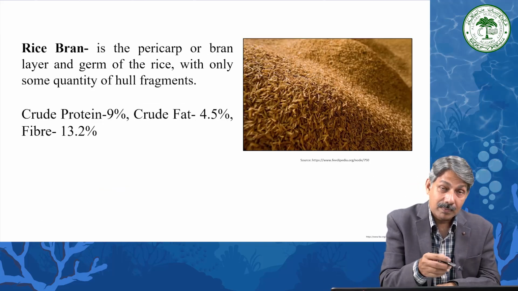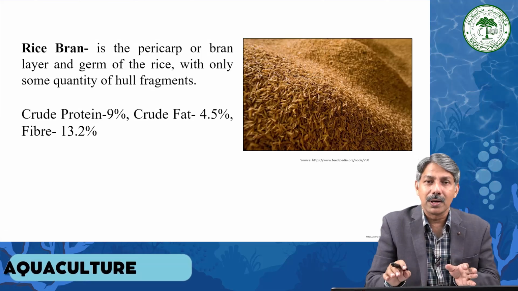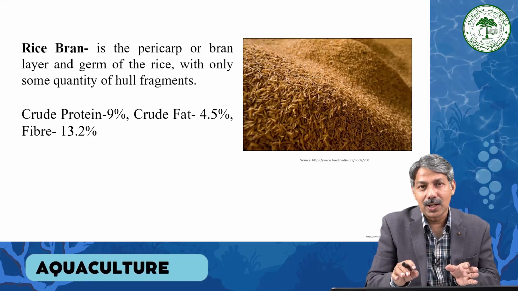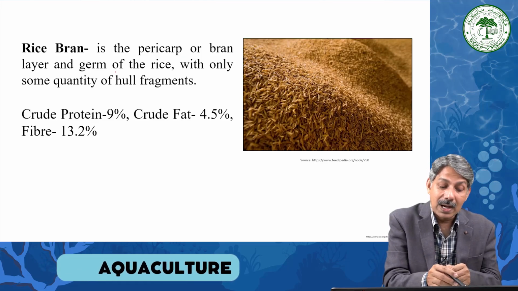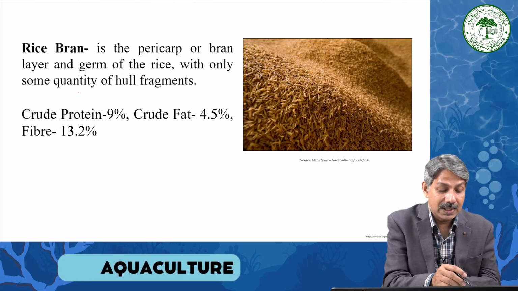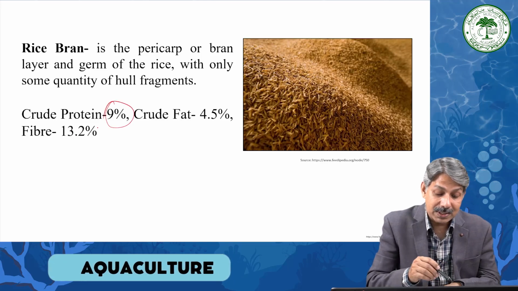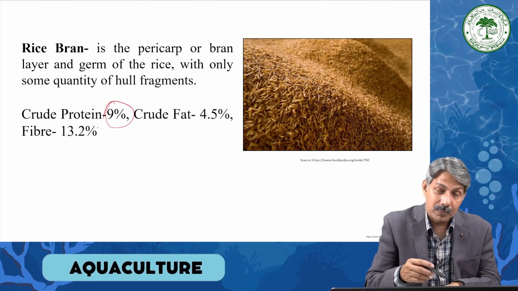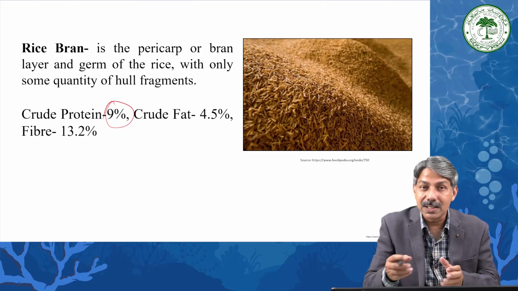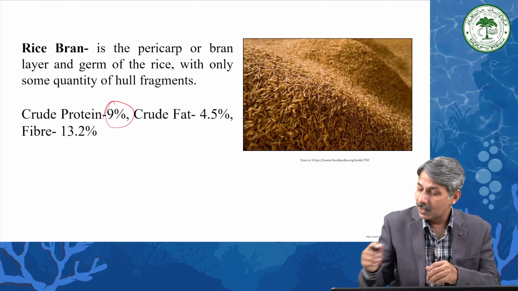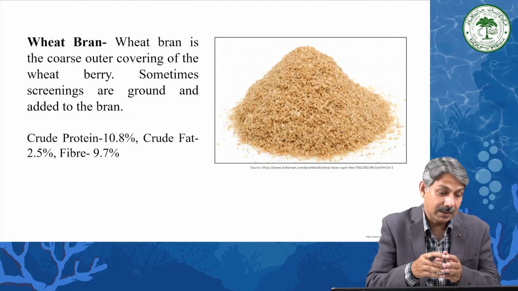Rice bran. Now, coming to the original ingredients which are very popular in semi-intensive aquaculture in India. Rice bran is the pericarp or bran layer and germ of the rice with only some quantity of hull fragments. Crude protein here is only 9%, but because of the overall energy content and availability of this ingredient in abundance, we often use this as one of the most important fish feed ingredients.